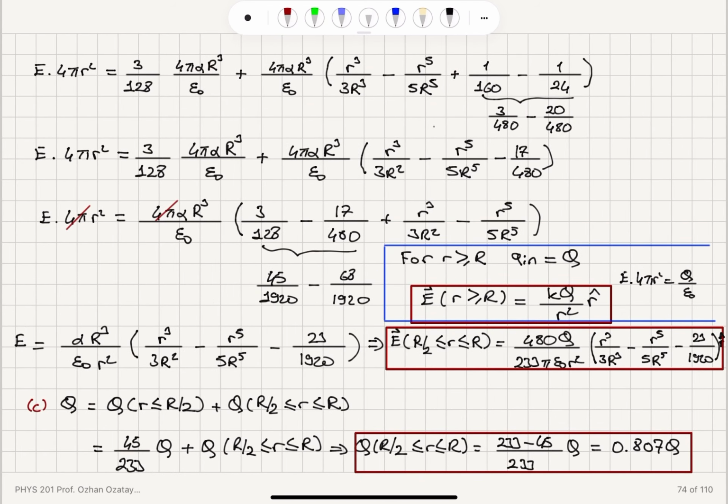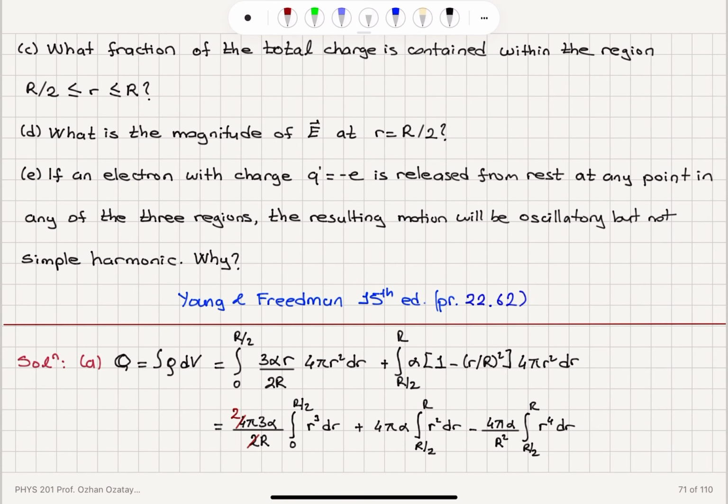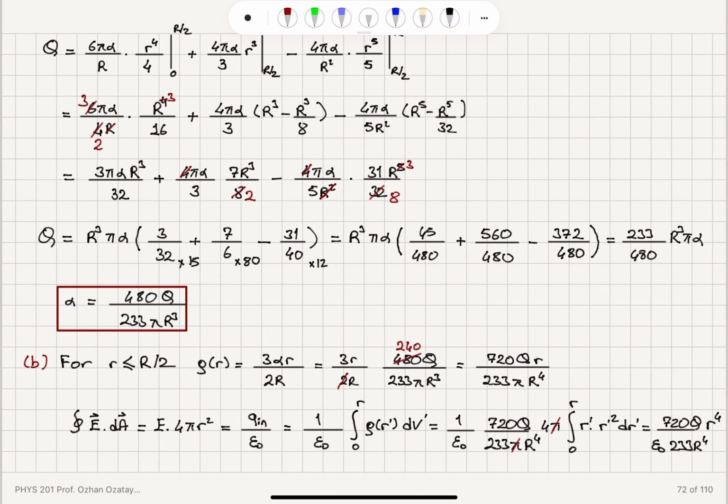Okay, to summarize, in part C of the problem, we calculated the fraction of charge between capital R over 2 and R. We already knew the answer for R less or equal to capital R over 2, 45 over 233 Q. This was found in part A in the alpha calculation. The charge in that region is integral rho dV. The result of this integral can be seen here.